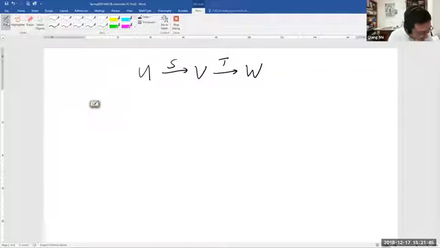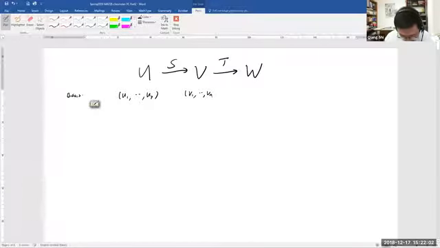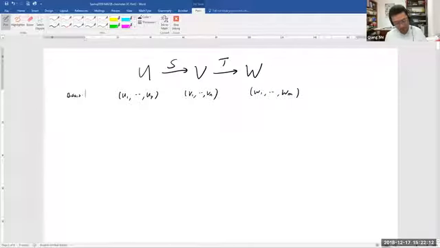Let's consider the basis in the vector space U, u1 up to up, the basis in V, v1 up to vn, and the basis of W, w1 up to wm. So these are three bases, three vector spaces, and two linear maps.